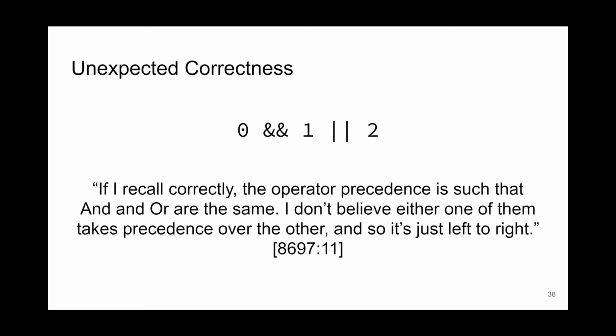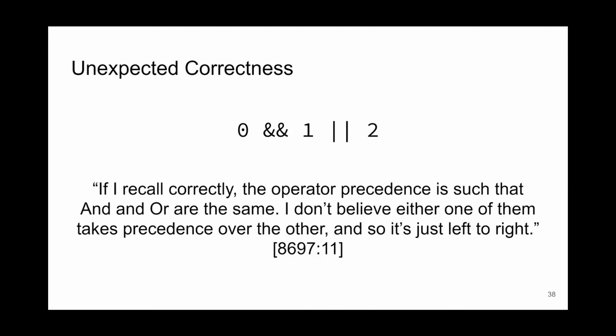What we observed, however, is that there were some cases where subjects were able to correctly evaluate the expression, but using incorrect semantics. So, for example, the subject quoted on the screen believes that AND and OR have the same precedence, but that these expressions are evaluated from left to right.